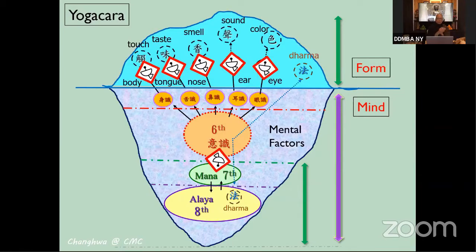So one detector, the root, is inside, and the other 5 are in our body.